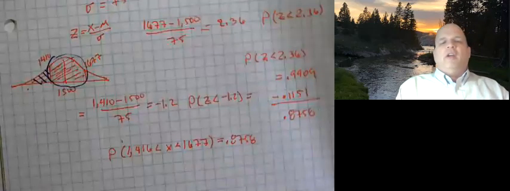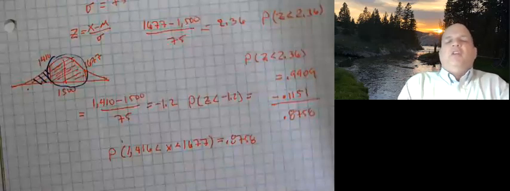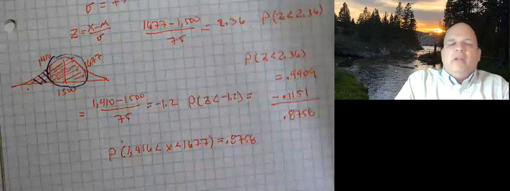In other words, we can say about 88% of the light bulbs last between those time frames. So 87.58% of the light bulbs last between 1,416 hours and 1,677 hours. Thank you for that.